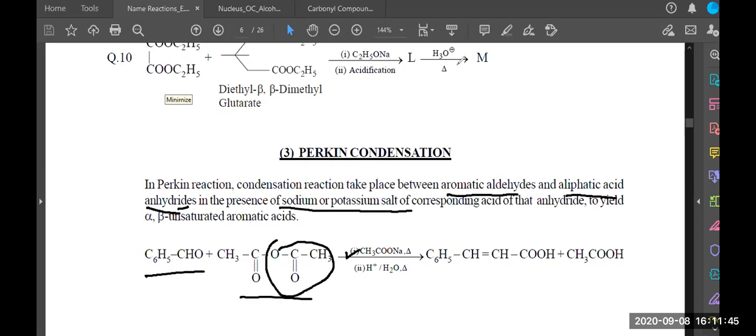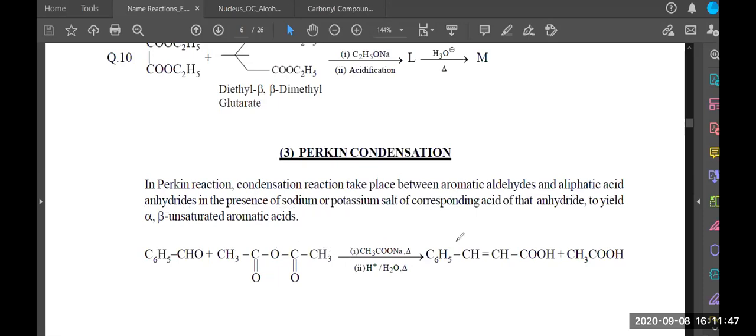What happens? This is acting as a base. First step, this will act as a base. Second step, it will remove H plus. From where?